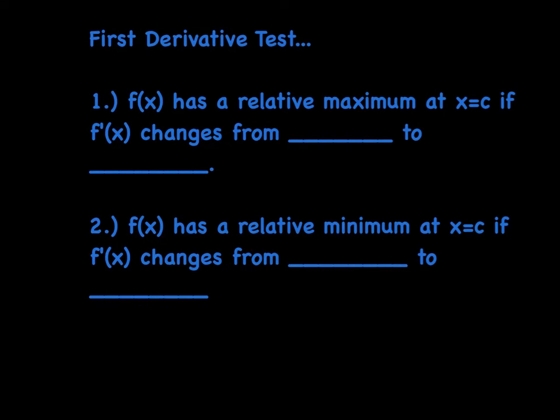Now we're really starting to gain some momentum. We're building up to the big part of the lesson tonight, and here's our first derivative test. We're going to use the first derivative test to find where the relative maximums and minimums are. Our definition here is f has a relative maximum at point c if f prime, make sure you're paying attention, this is f prime right here, changes from positive to negative.